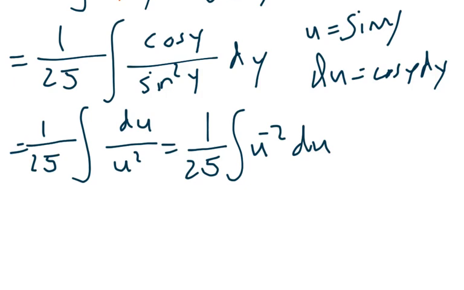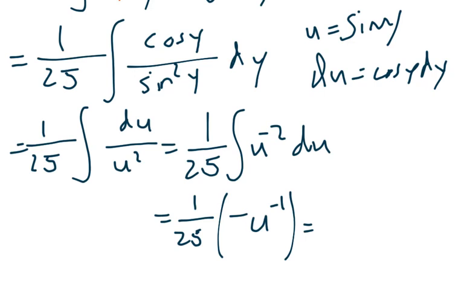And the reason I do this is because now I can easily write down 1 over 25, and I end up getting a minus, u to the minus 2 becomes minus u to the minus 1. So I can write this now. I have minus 1 over 25 sine y, if I sub back in for my u.